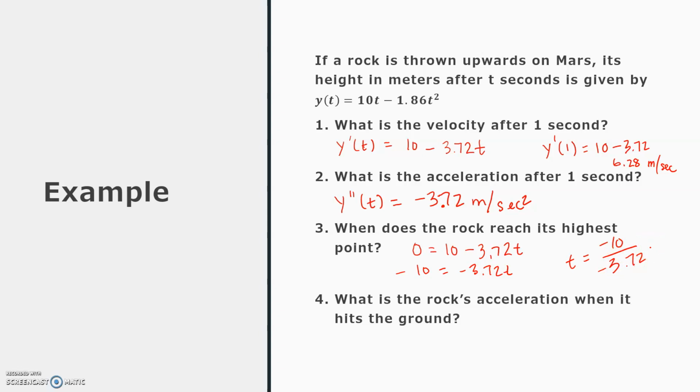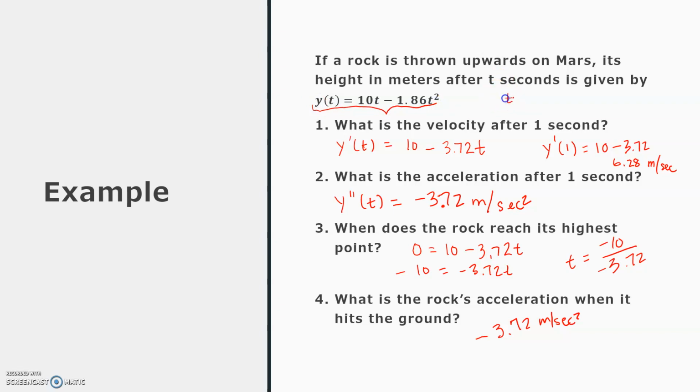What is the rock's acceleration when it hits the ground? Well, the acceleration is always 3.72 meters per second squared, but are you curious about when this rock would hit the ground? If you are, you would want to go to the position and set the position equal to 0.